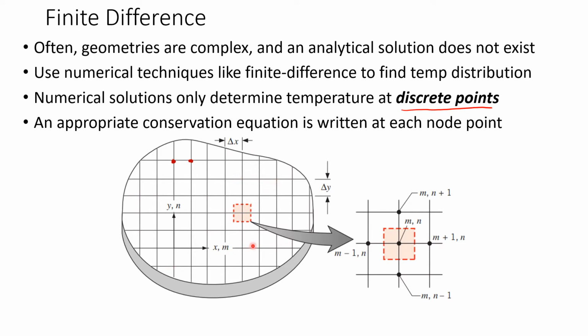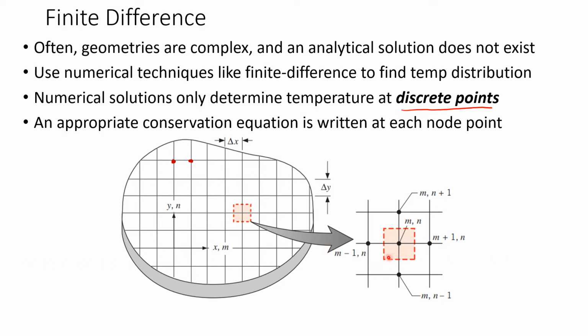So what we do is we take a small element. This element right here, or this control volume or control surface if it's 2D, is magnified and shown in the magnified view for that element.